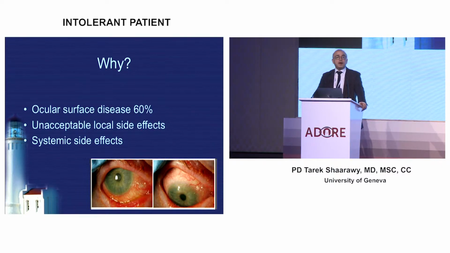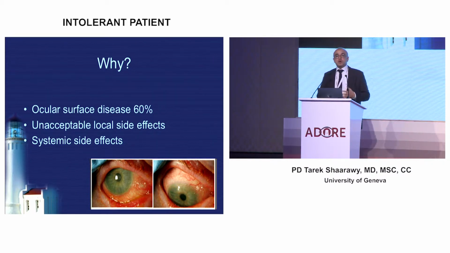Now, why are patients being intolerant to medications? First of all, we know that ocular surface disease is a pathology that happens to elderly patients. Some of those elderly patients can develop glaucomas. Patients with pseudo-exfoliation syndrome or glaucoma have inherently a problem of ocular surface disease.